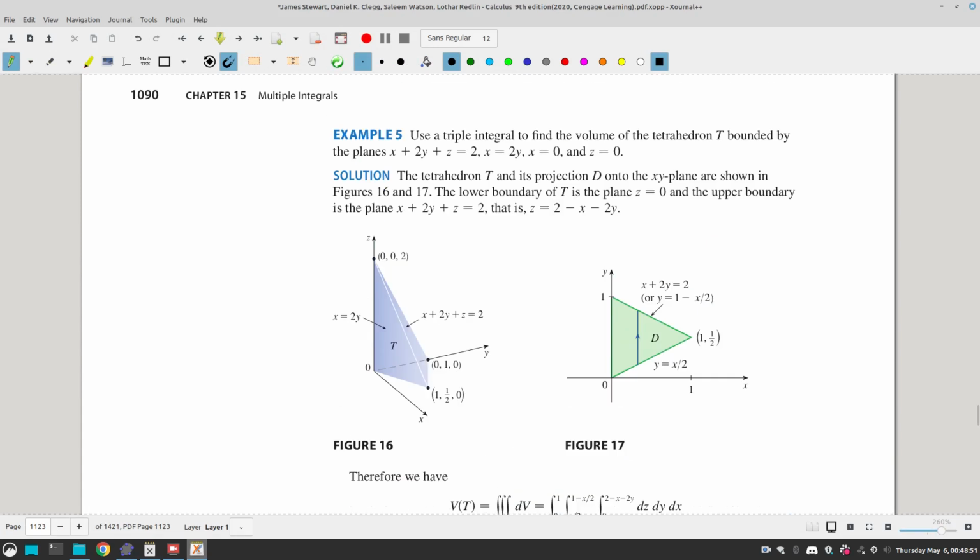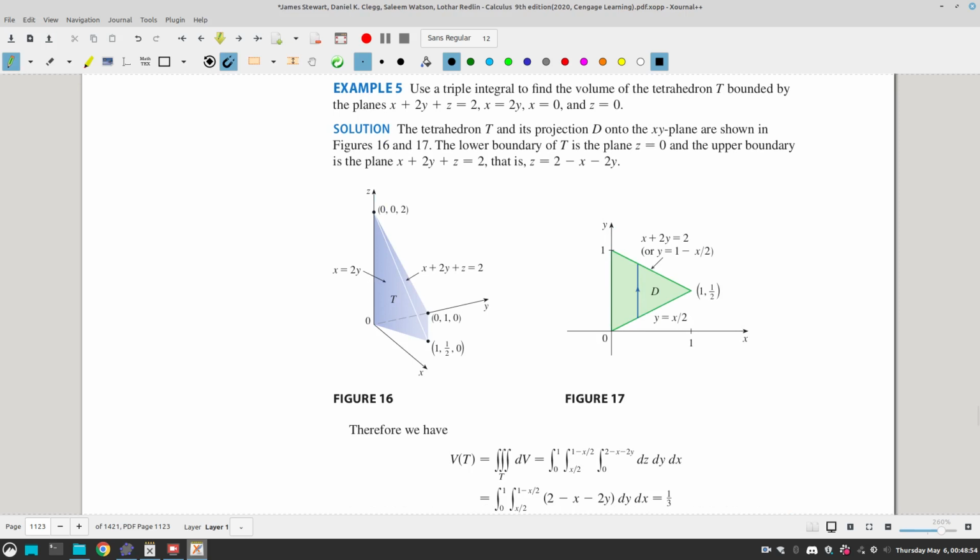Right, so the tetrahedron T is of course given by the planes x equals 2y, x plus 2y plus z is equal to 2, and you have the xy plane, which is z is equal to 0, and you have the zy plane, which is x equal to 0, right?